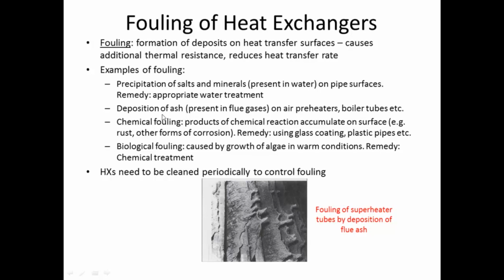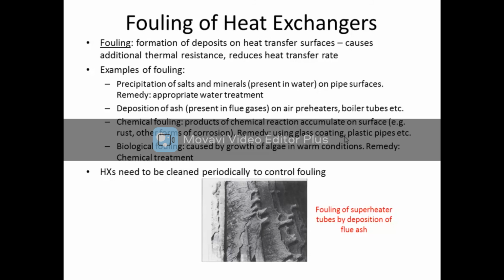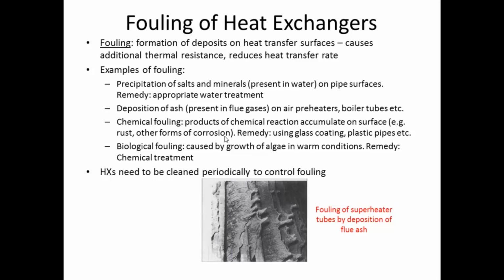A very good example is the formation of rust and other forms of corrosion on metallic tubes. Remedies for chemical fouling will be to use glass coatings or to use plastic pipes, etc. In addition to increasing the resistance, chemical fouling such as corrosion will also often result in a reduced life of the heat exchanger.